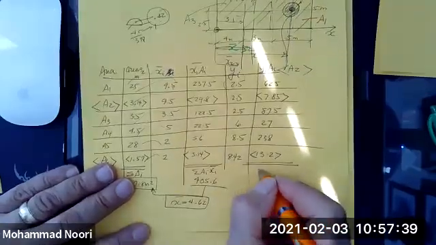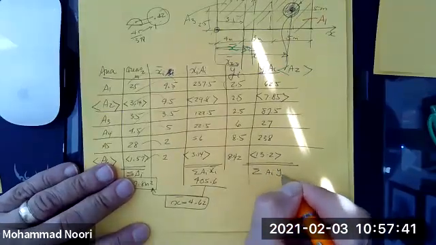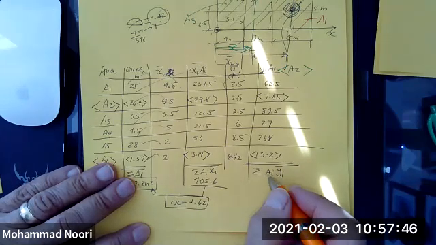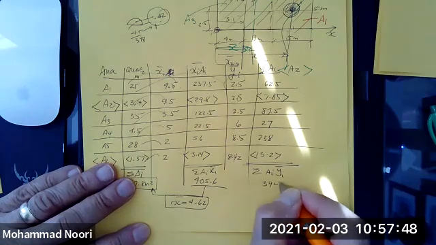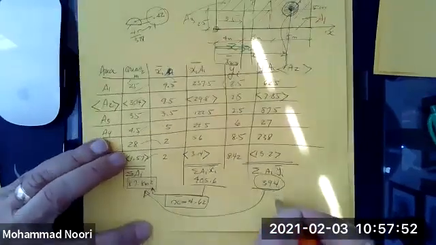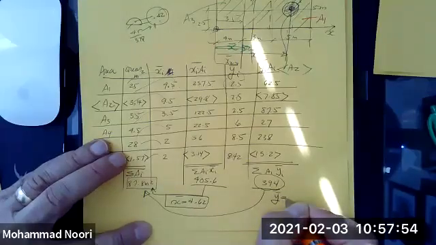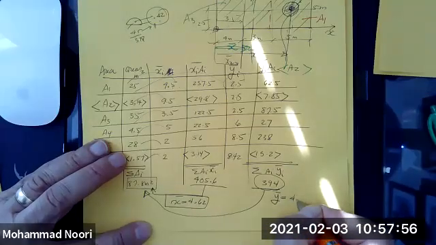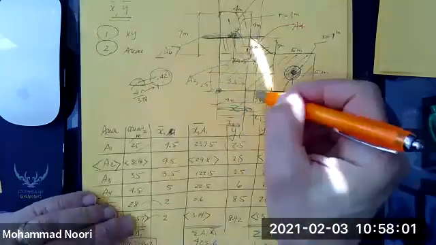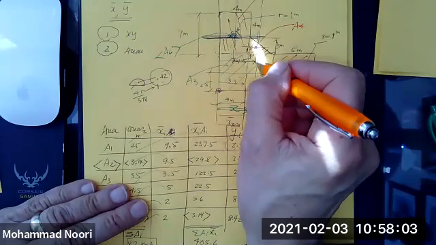Add these up, will give you the sum of AiYi bar, and total of that would be 394. Divide this by that value, you get y bar of 4.5 meter. That means y bar is located right here.